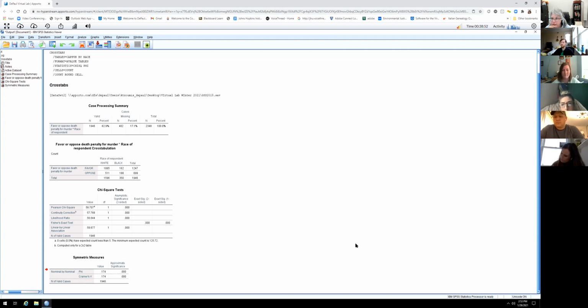What got coded 0? What got coded 1? Remember that? 1 was male and 2 was female. And what was white and what was black in terms of race? I think white was 1 and black was 2. Correct.